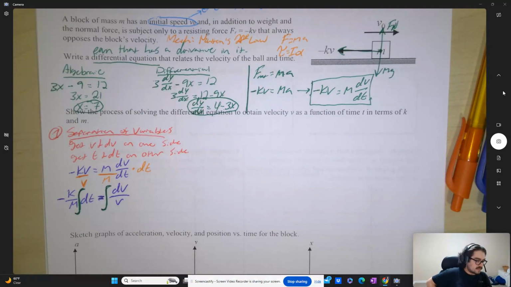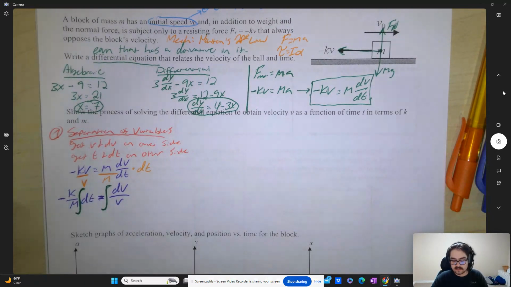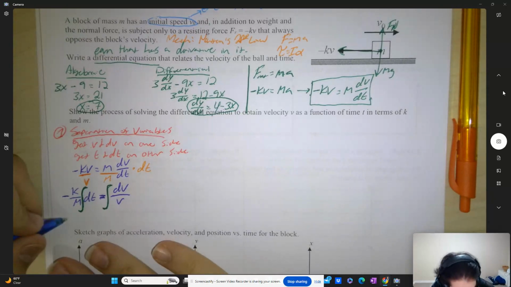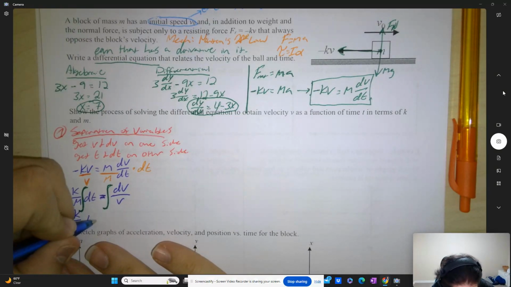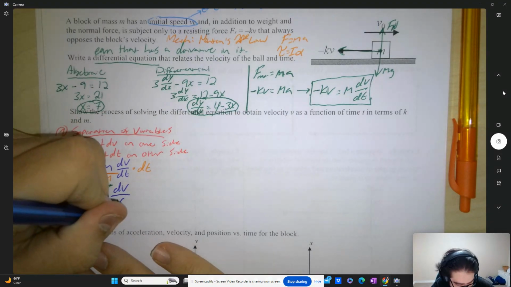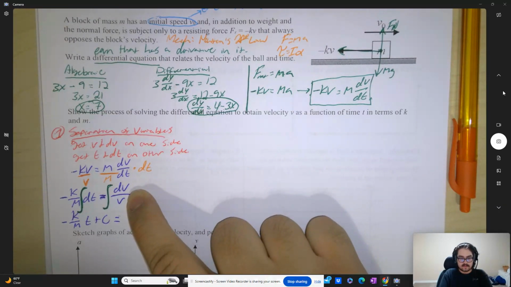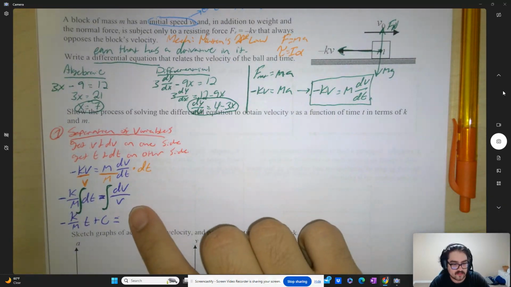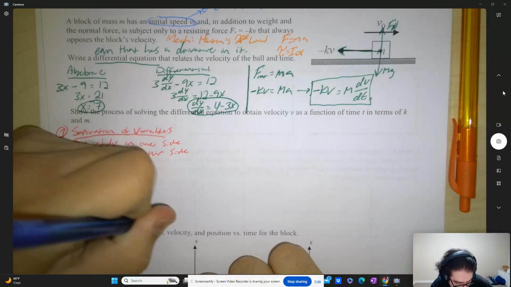When you take the integral of both sides, the left side is really easy. The integral of dt is just t. So we would be left with negative k over m t plus c, and don't forget that plus c there, and set that equal to 1 over v, so the integral of 1 over v with respect to v is just going to be natural log of v plus c.